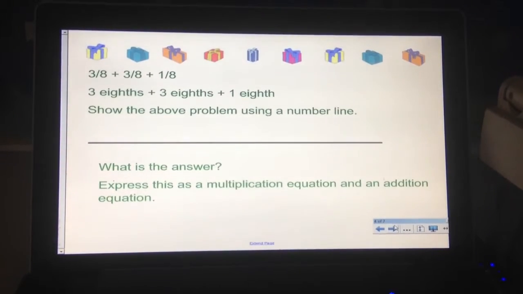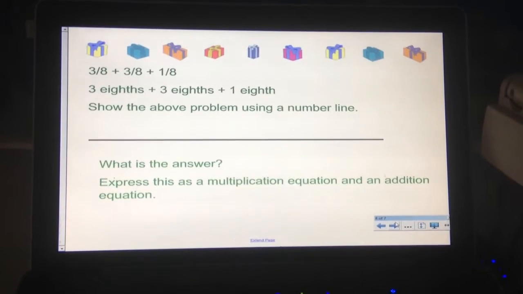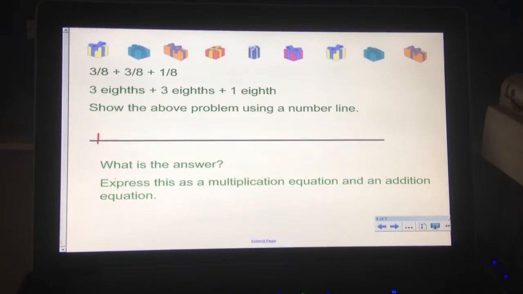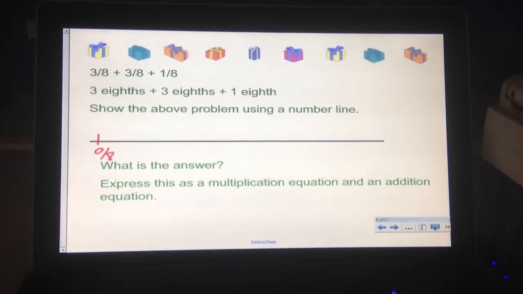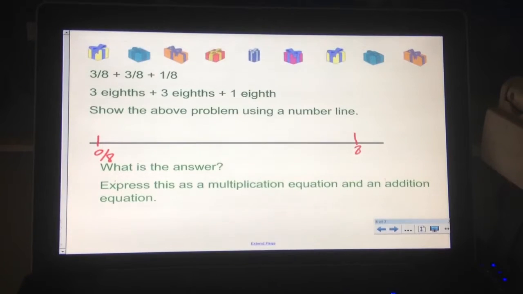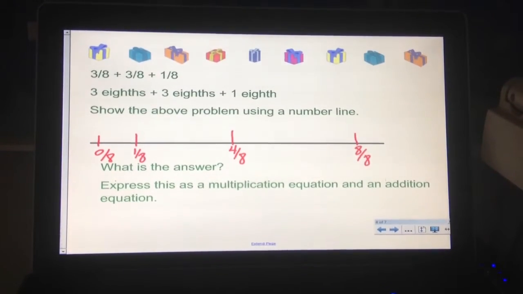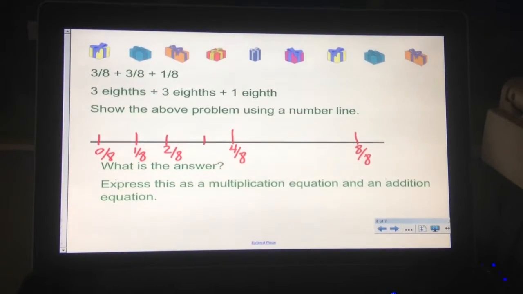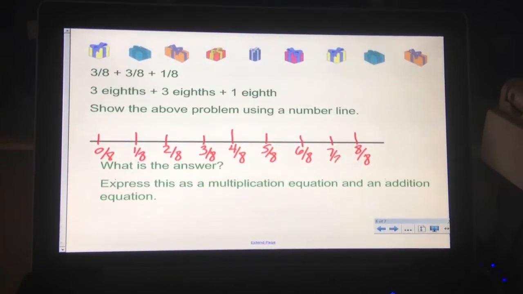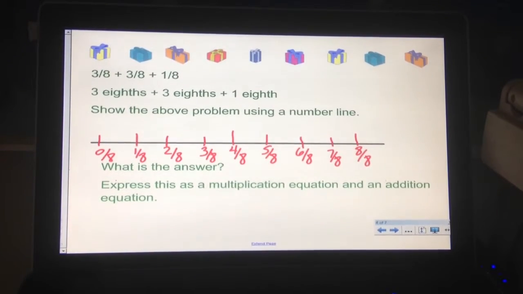So because I'm dealing with eighths, I'm going to split it into eighths. Okay, so there's my basic number line.